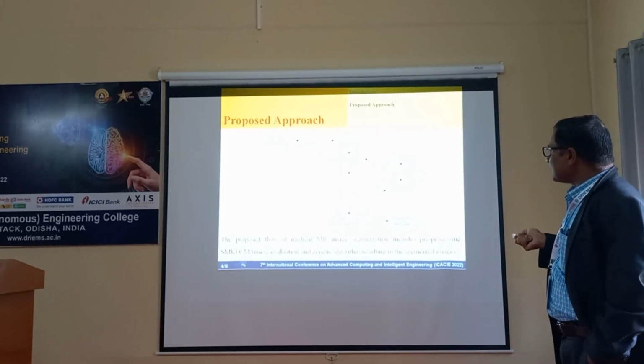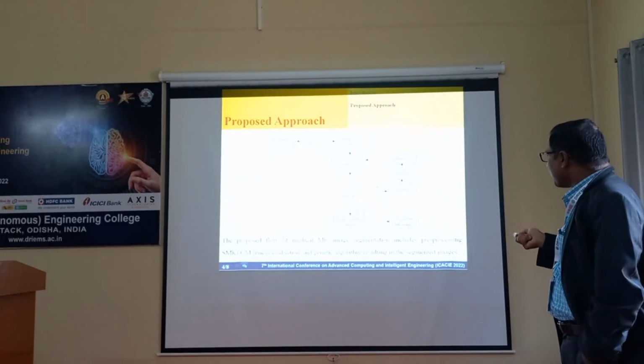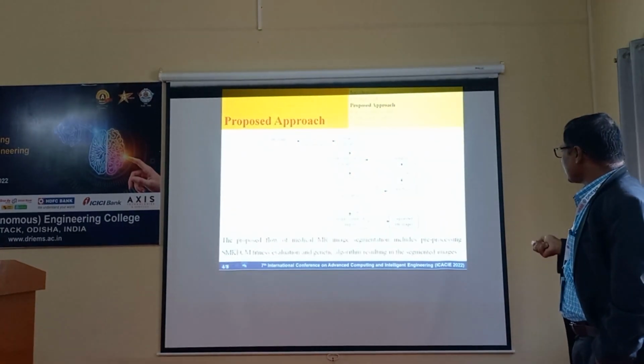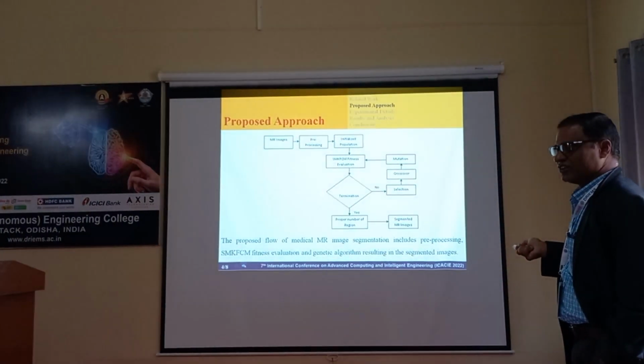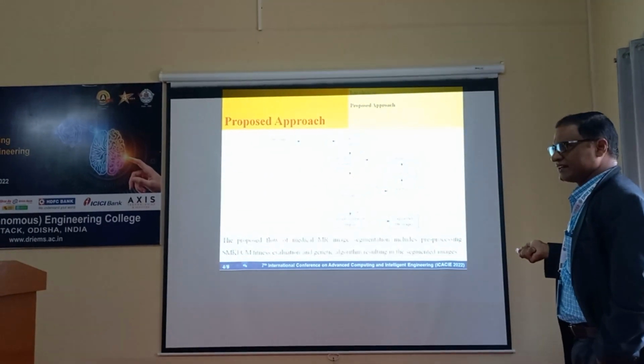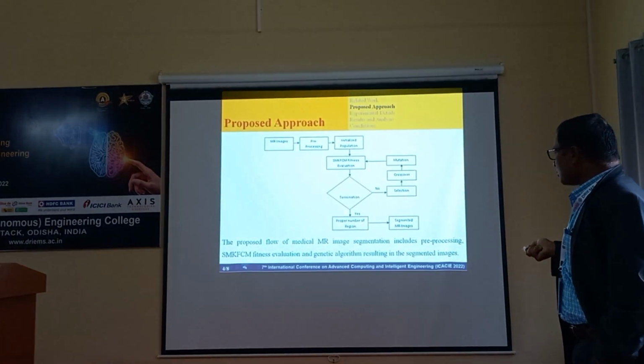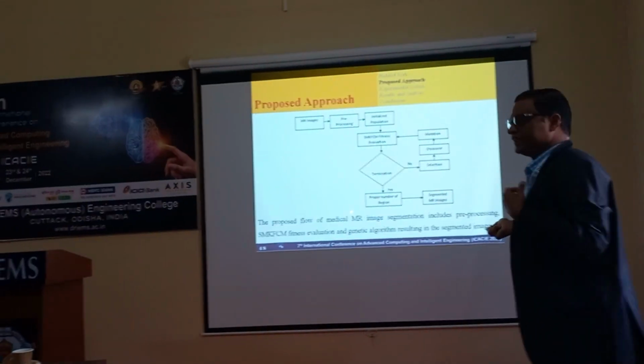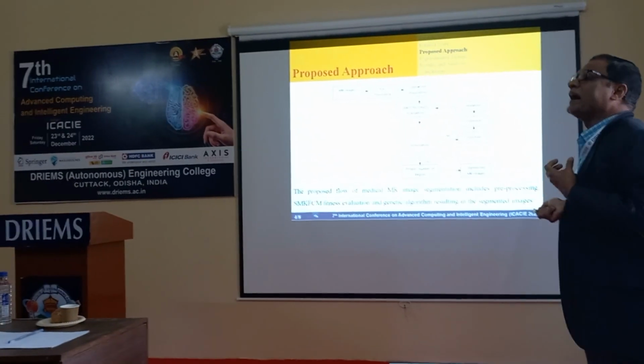Here I have utilized some spatial constraints along with genetic algorithm concepts: mutation, crossover, selection and termination. If it converges, then terminate. Then we have to find the proper number of regions. How many regions will this affect, and how do we find a region?